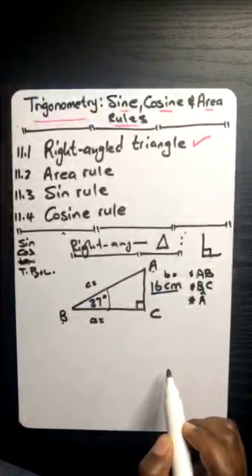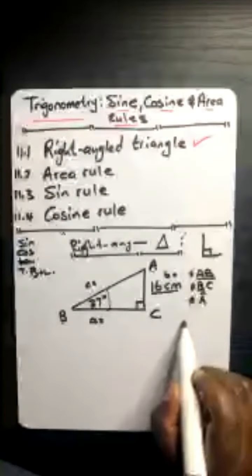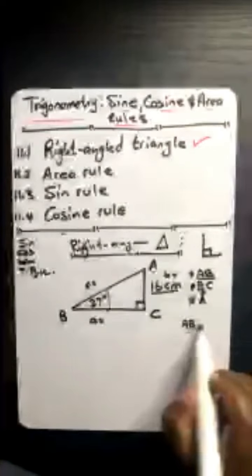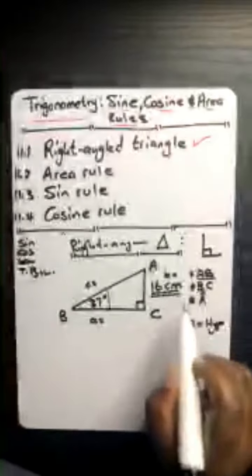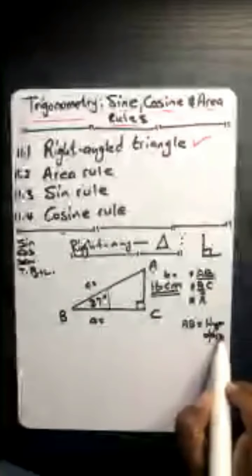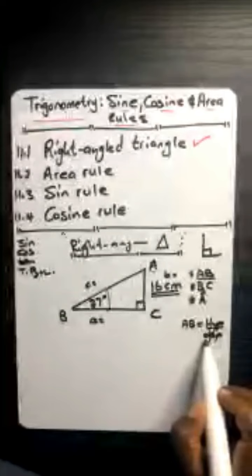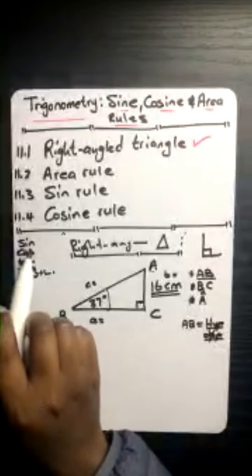Okay, so now let's see, how can we possibly find AB? So AB is actually hypotenuse, and then we also have opposite. So which trig ratio has hypotenuse and opposite there? I think it's sine.